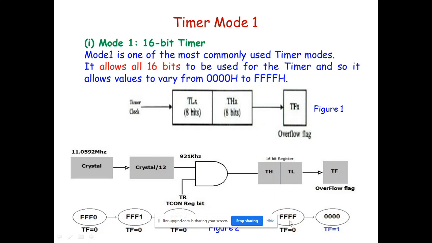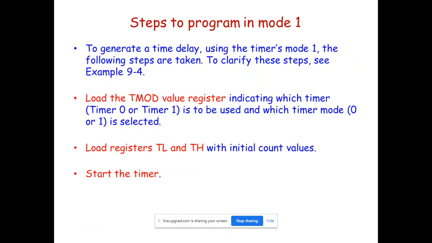When one more pulse comes, it overflows, sets the flag, and rolls over to all zeros. In this fashion we know the timer section.